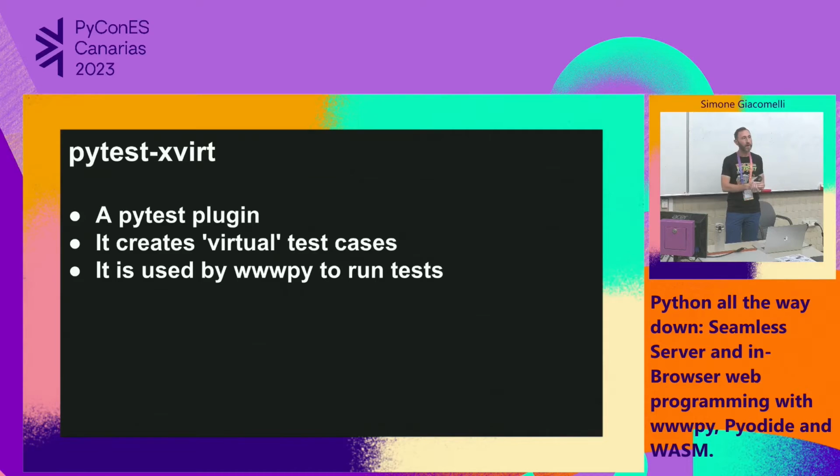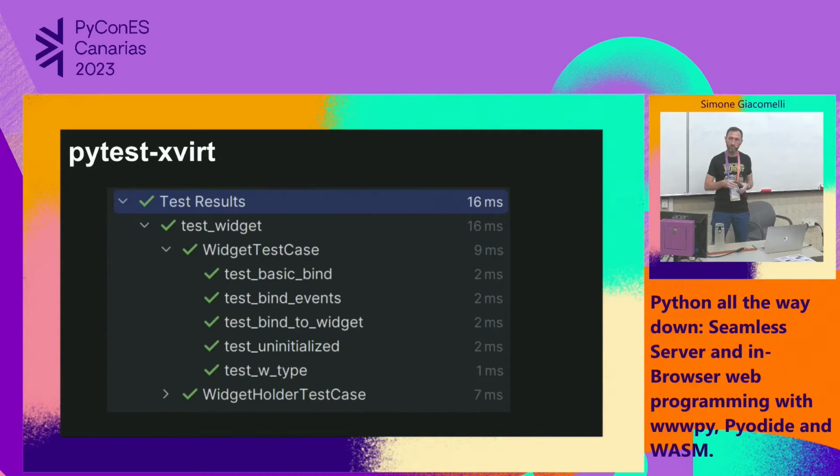It's used by www.py because when you want to run tests that run in the browser, for example, these are tests for the widget we saw before, but this would fail without the PyTest plugin, because you run and the code of Python tries to execute locally, but will fail because you are accessing things that are in the browser.